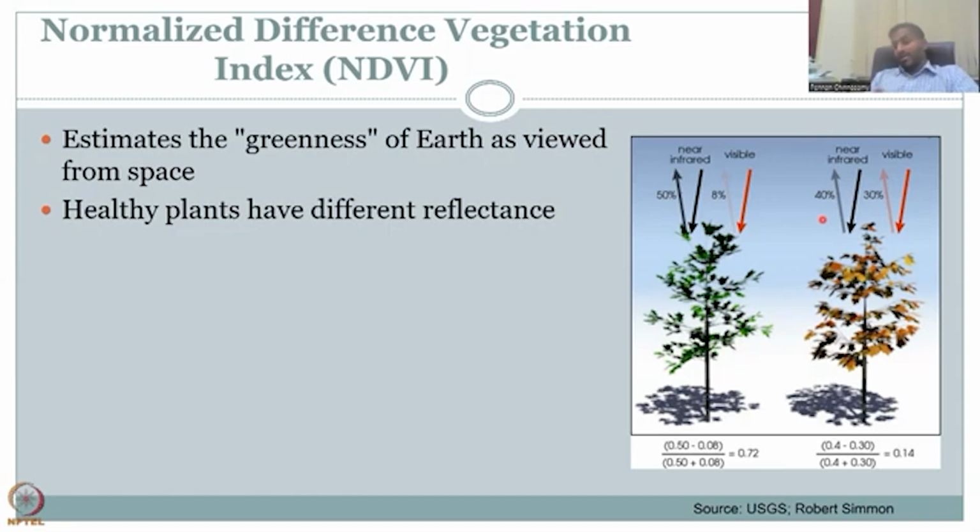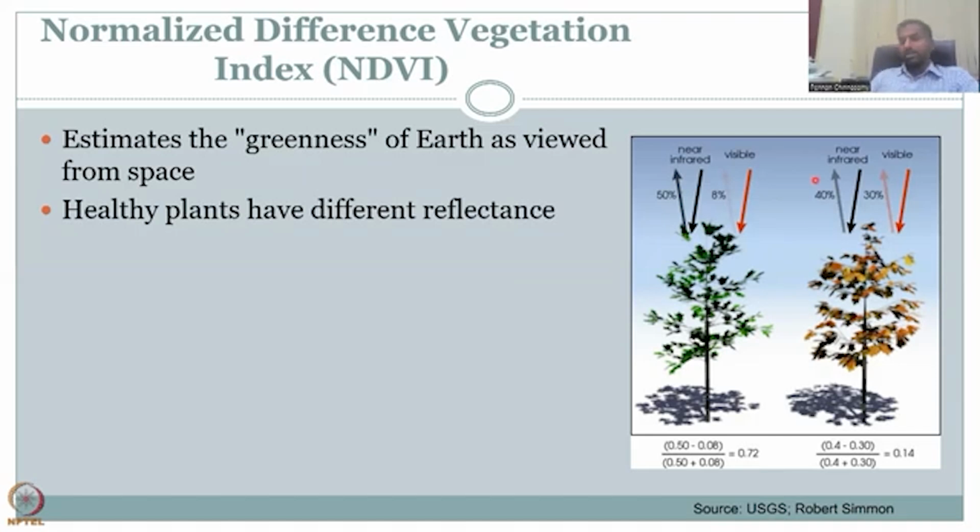You can see that a 10% difference is big enough to tell the difference between a growing plant and a nascent plant. A growing healthy plant will have really good green cover, and the green cover of the leaves will reflect the near infrared high. Same, the visible light, almost all of it is absorbed, because in visible you have multiple spectrums, multiple wavelengths. Most of that is absorbed, but the green is reflected.